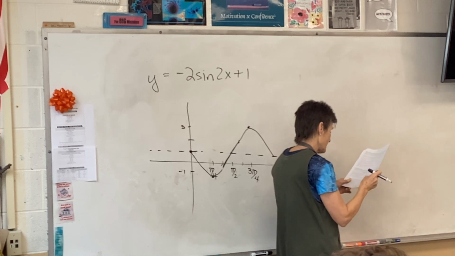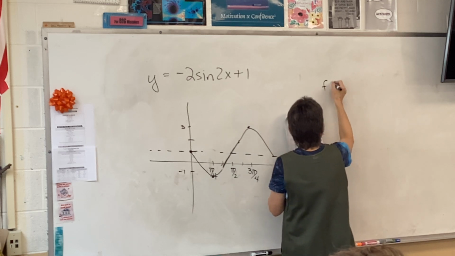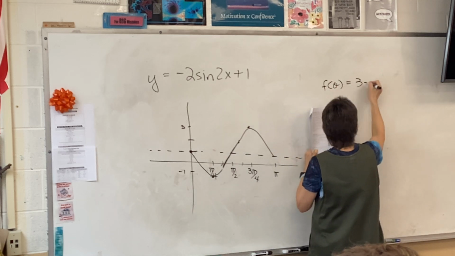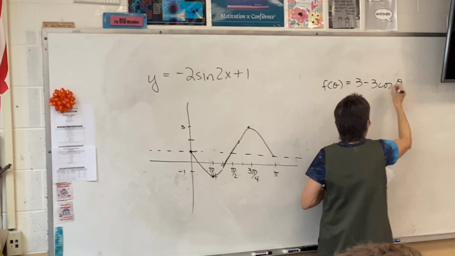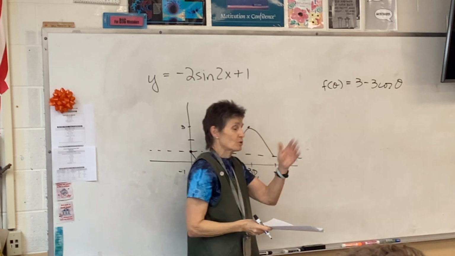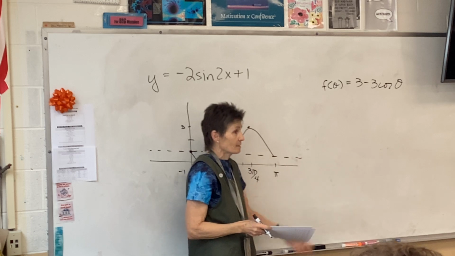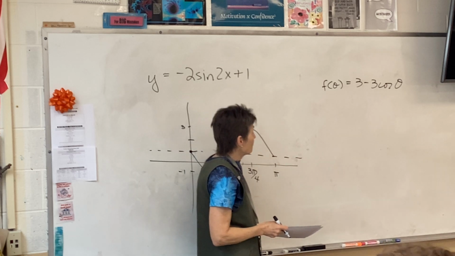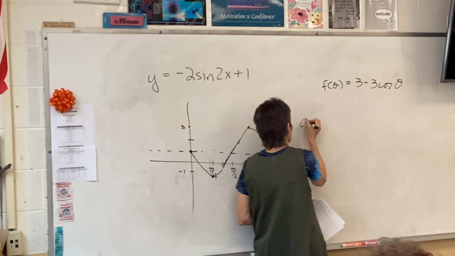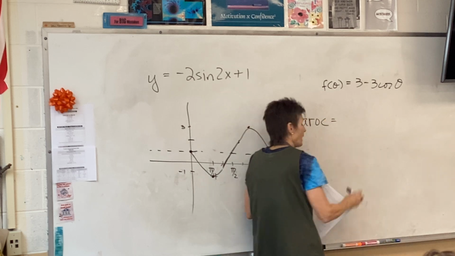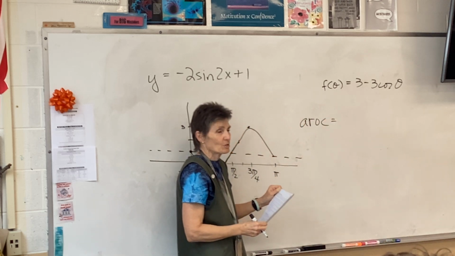What do we need to do? We need the average rate of change. I'll use the correct variables, but you can certainly remember it in terms of f of x when we did it before. Do you remember your average rate of change formula? How do we calculate the average rate of change?